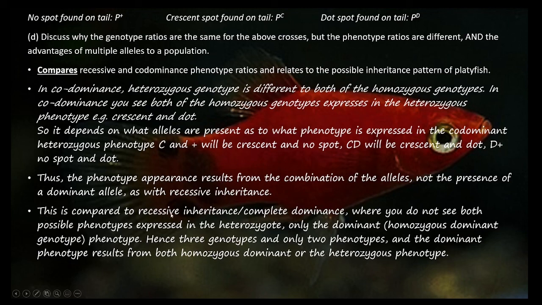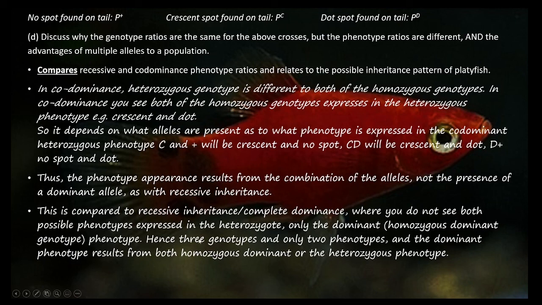This is compared to recessive inheritance, or in my opinion, we could have said complete dominance, where you do not see both possible phenotypes expressed in the heterozygous, because the one is dominant and the other one recessive. Yes? So only the dominant one. I don't know why they do that. Only the dominant allele will be expressed, and the other one is completely recessive.